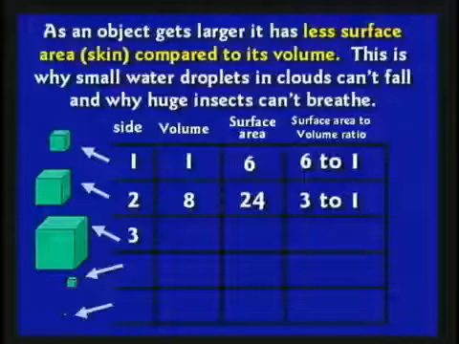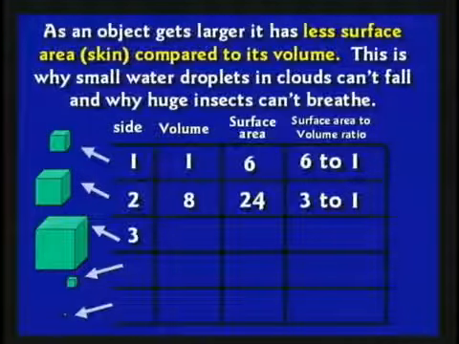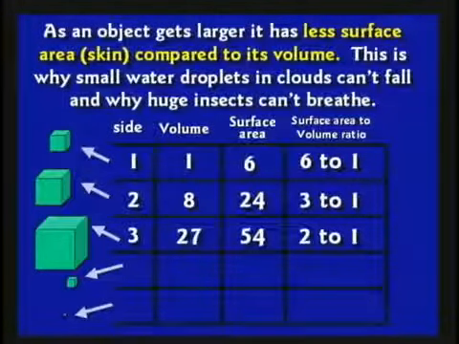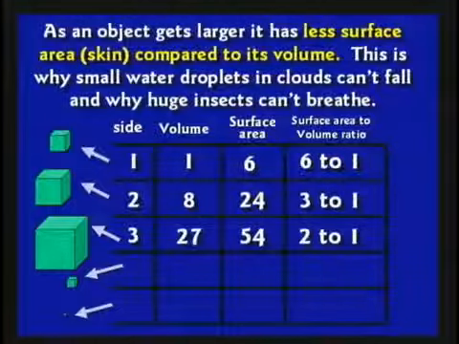Even though the bug is twice as big, he now only has effectively half as much skin. He starts to have a problem. Let's raise it to 3. 27 is the volume. 54 is the surface area. 2-to-1. At some point, he doesn't have enough skin. He can't get enough oxygen to supply all that tissue inside.